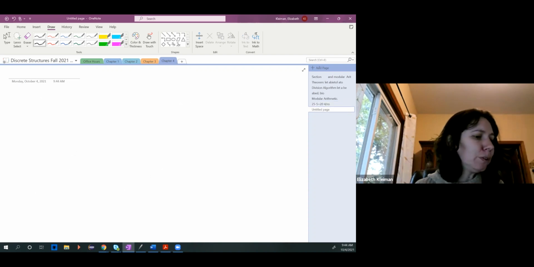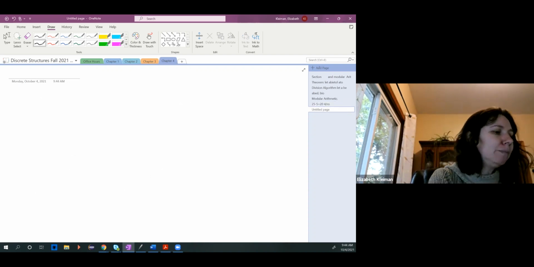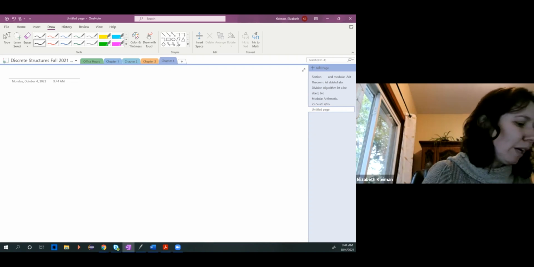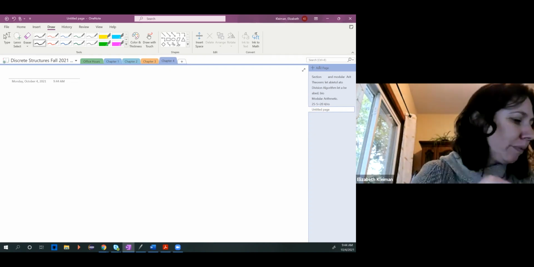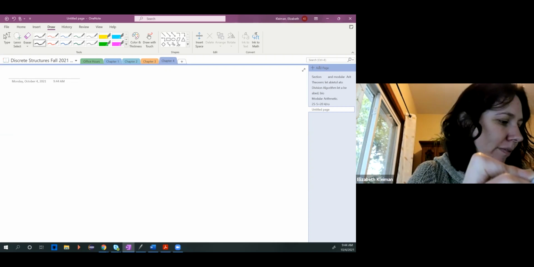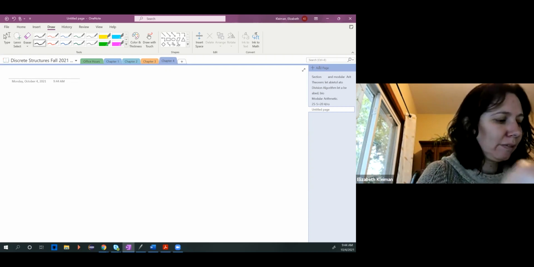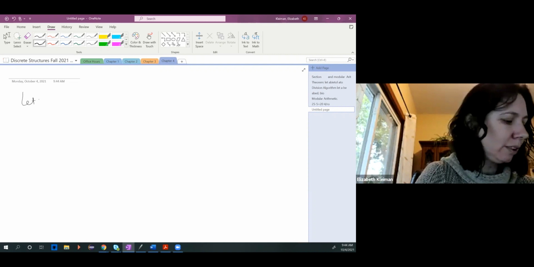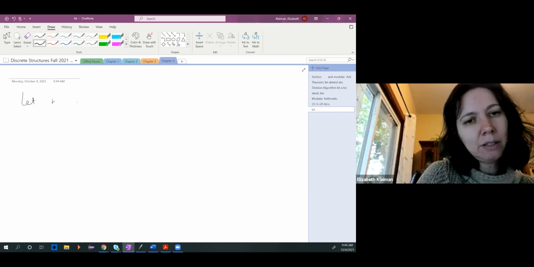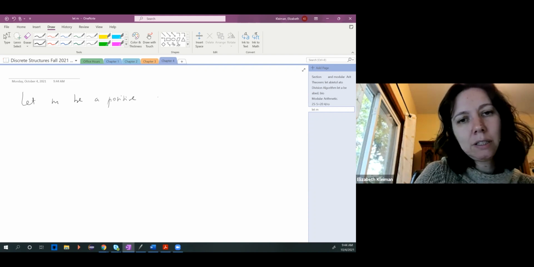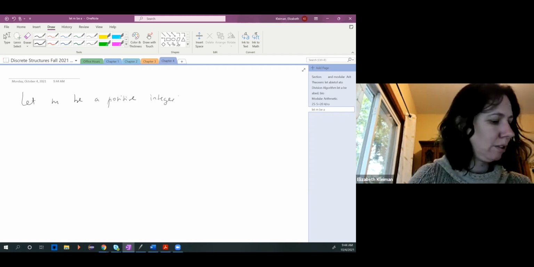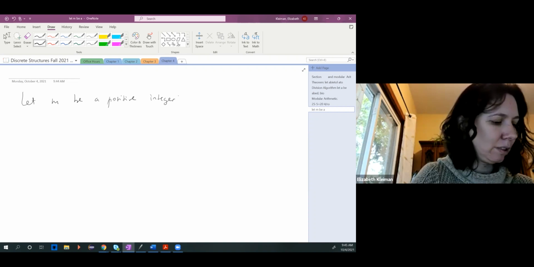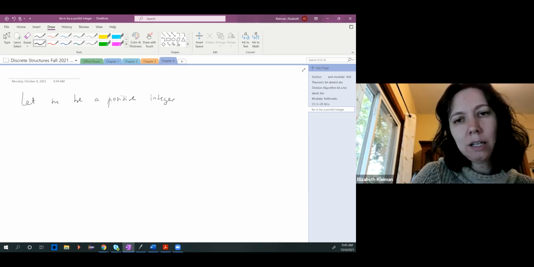Now, a couple of rules on how you can manipulate the mods and a couple of theorems. So let M be a positive integer and A, B, C, D be integers.